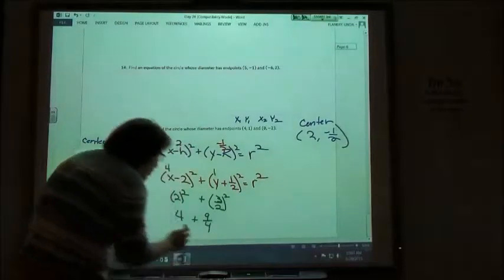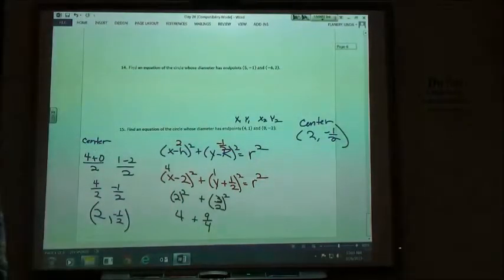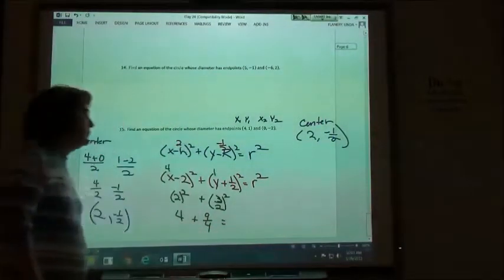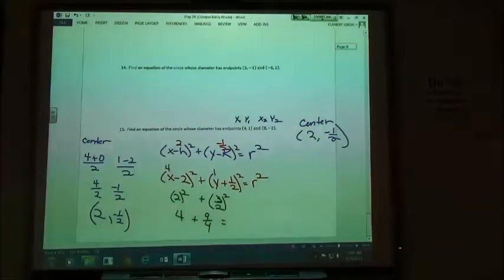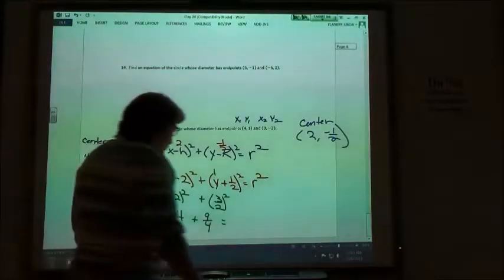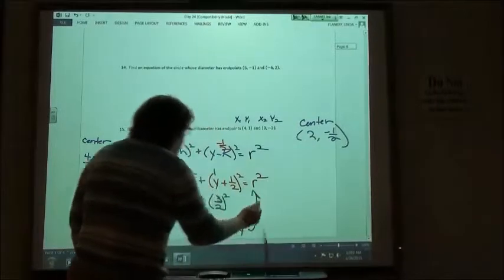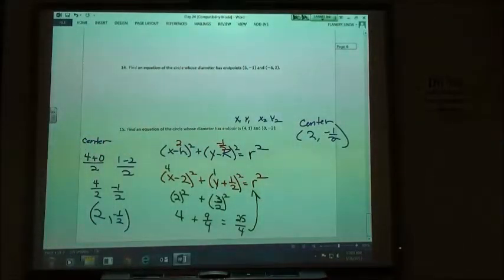So now we have to do 4 plus 9/4, which is 25/4. So now that we found our r squared, we have to write the equation of our circle.